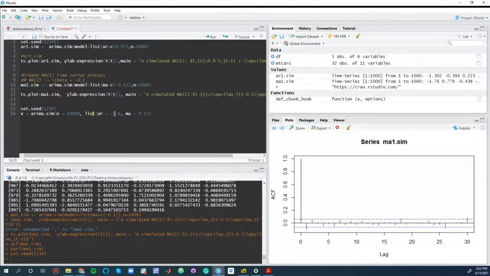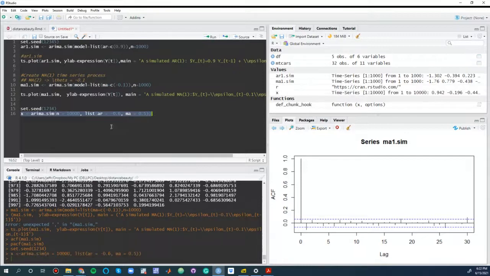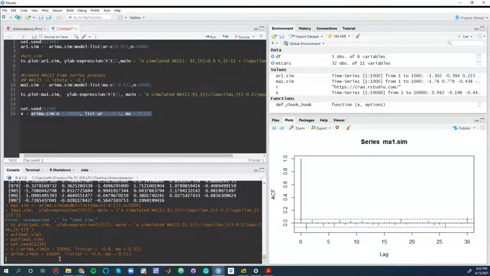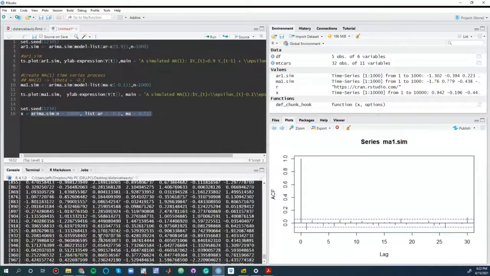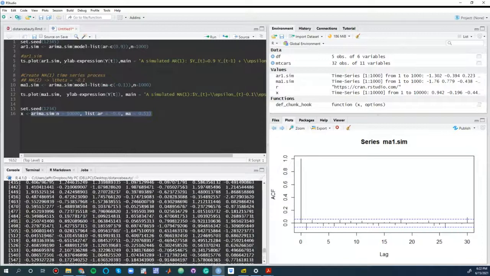So the AR coefficient is 0.6. AR is phi, right? And MA is 0.5, so theta is equal to 0.5. If you tell R, it will give you an ARIMA series that looks like this, given the random seed that you tell R. So this is the outcome that you have.